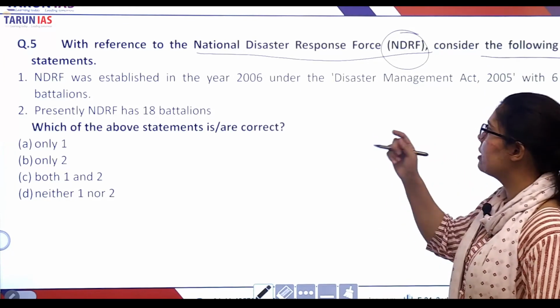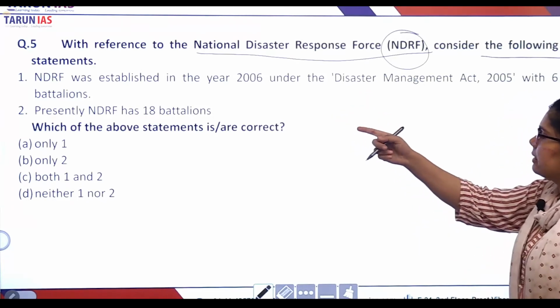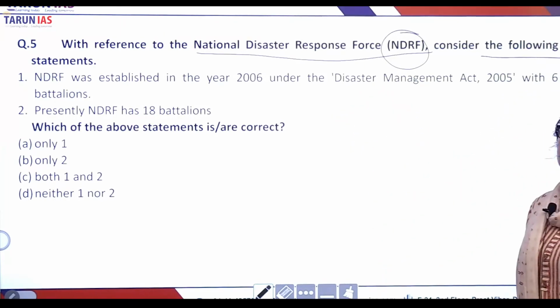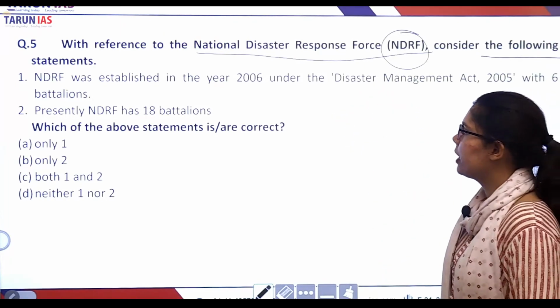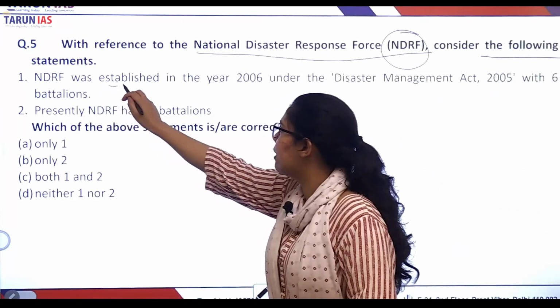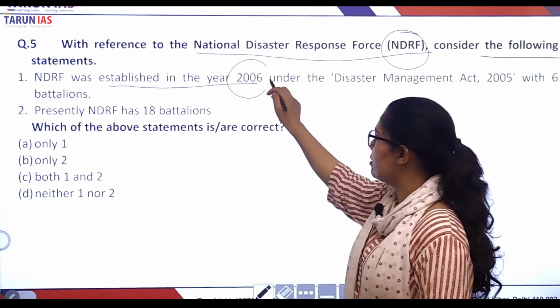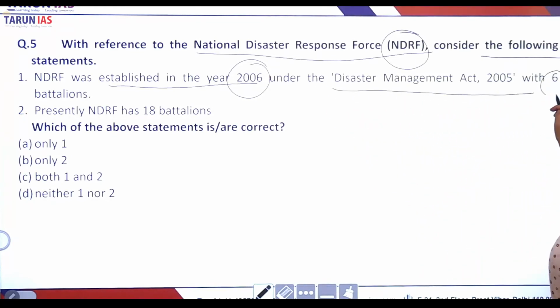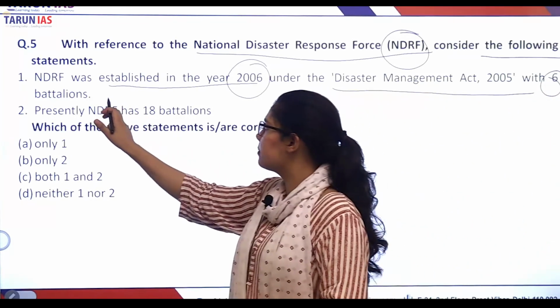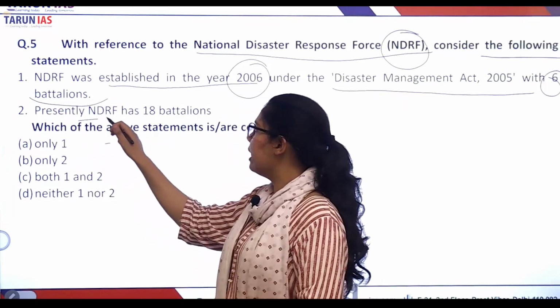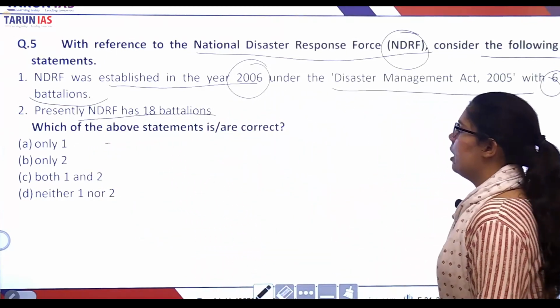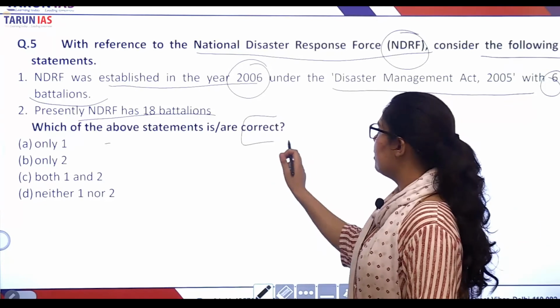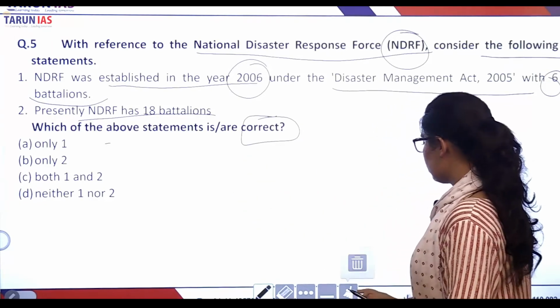The first statement says that NDRF was established in the year 2006 under the Disaster Management Act with 6 battalions. The second says presently NDRF has 18 battalions. Which of the above statements is correct?